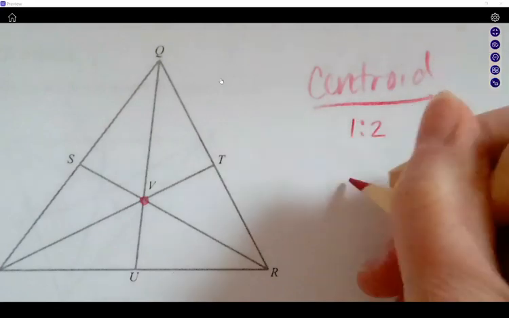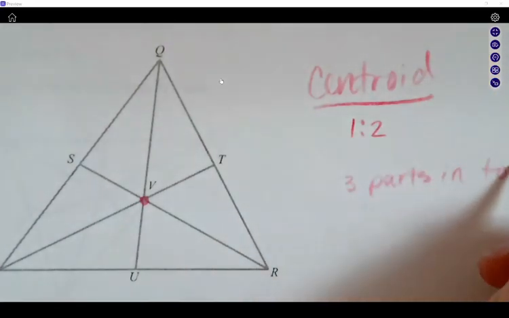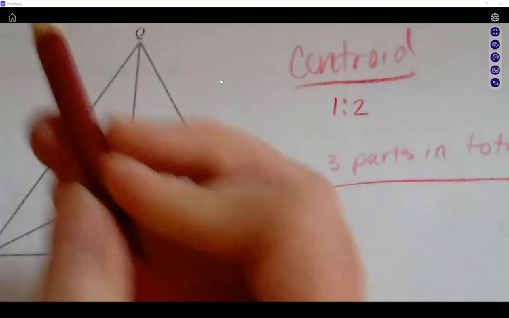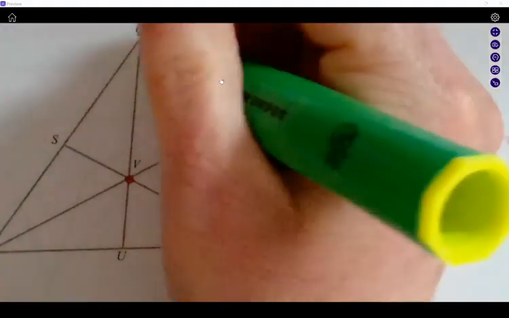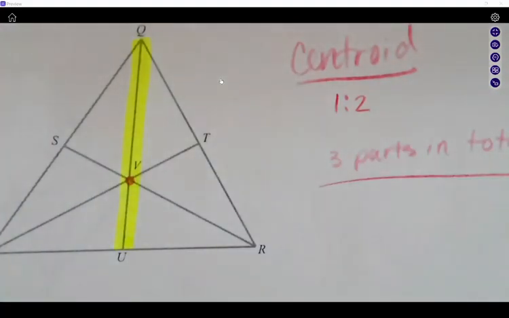Okay, so there are 3 parts in total for each median. It says that QU equals 39. Okay, and it gives me that V is a centroid. So I need to find Q and U. And it says this entire median is 39 units.